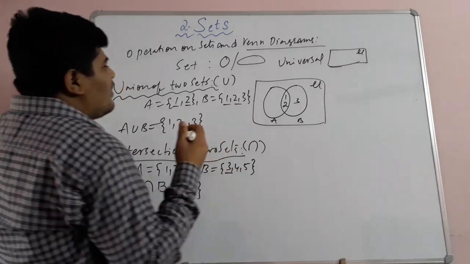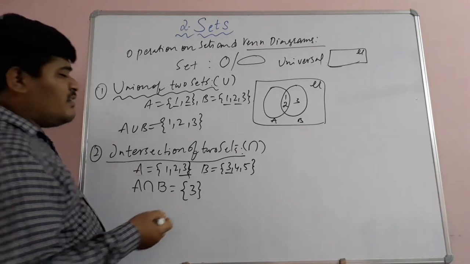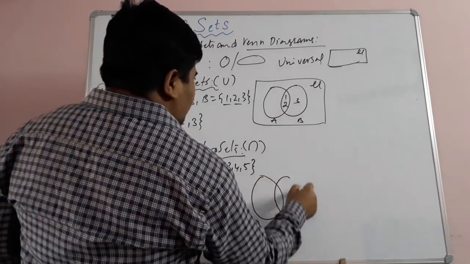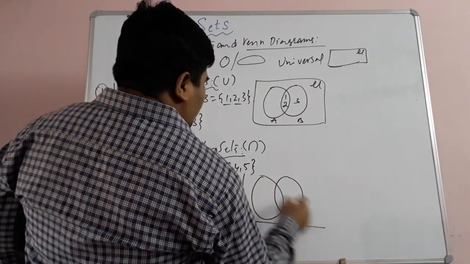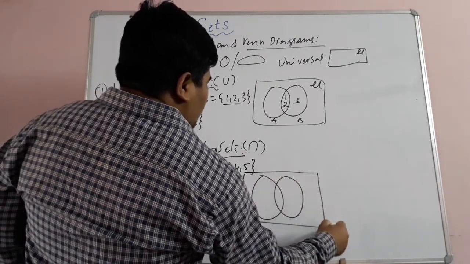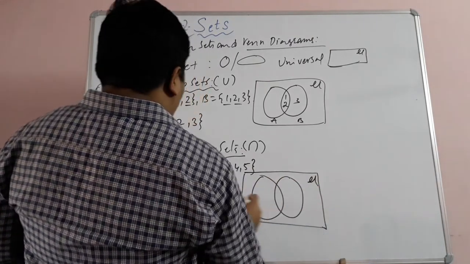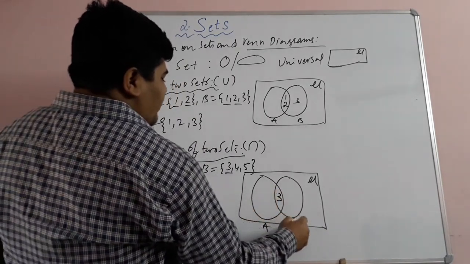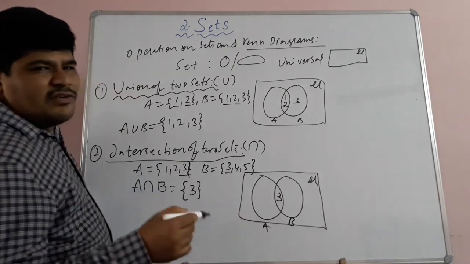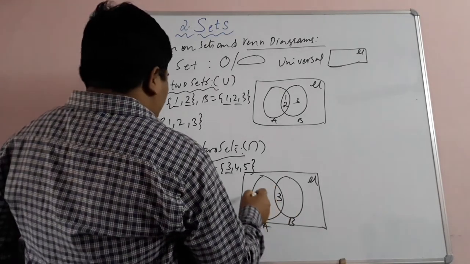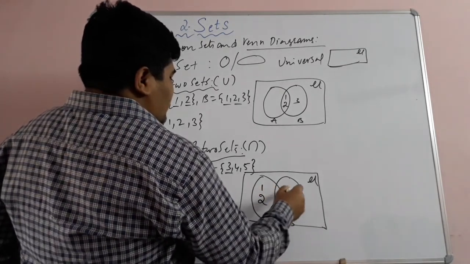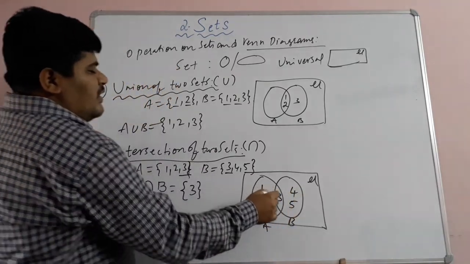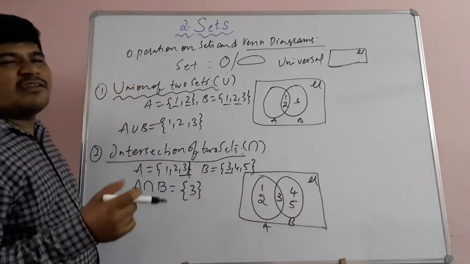If we want to express this with the help of Venn diagrams, we will draw two circles like this, overlapping, inside mu. The common element 3 goes in the overlap. Other than 3, the elements in A, 1 comma 2, go in A's part, and other than 3, the elements in B, 4 comma 5, go in B's part. So only 3 represents the A intersection B part.